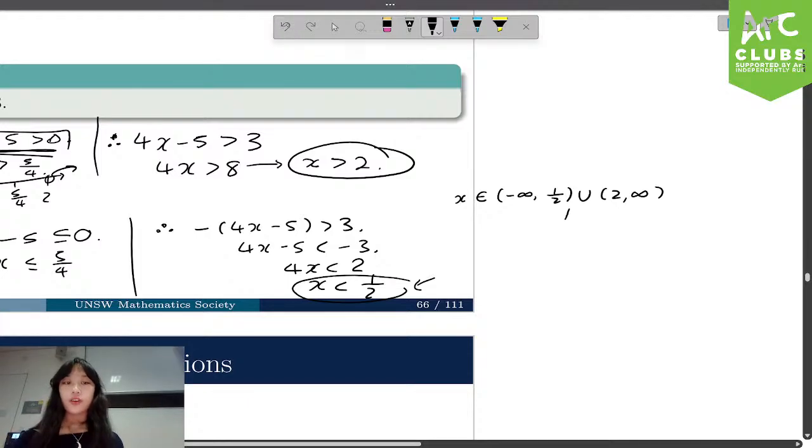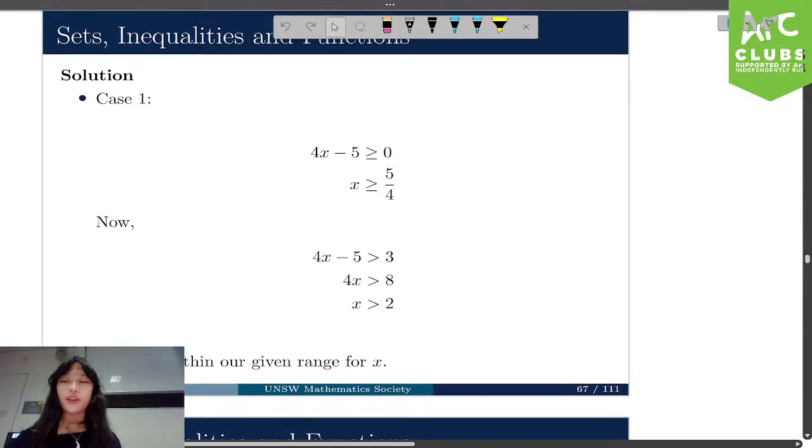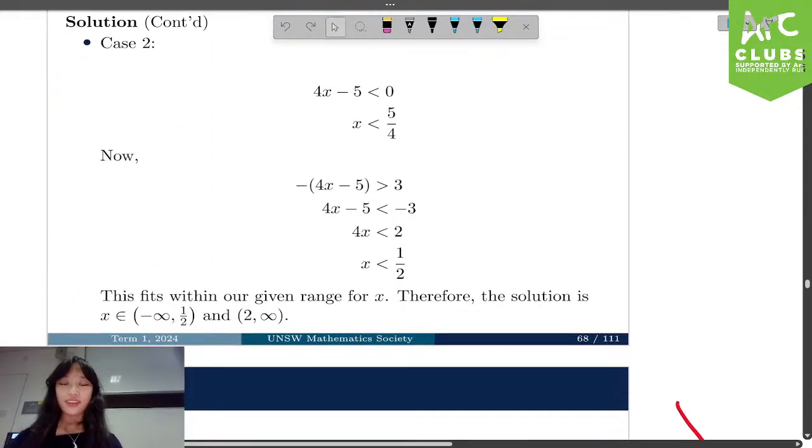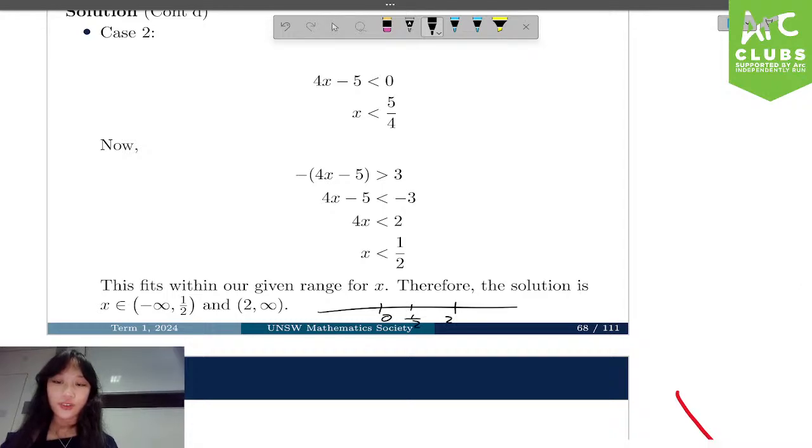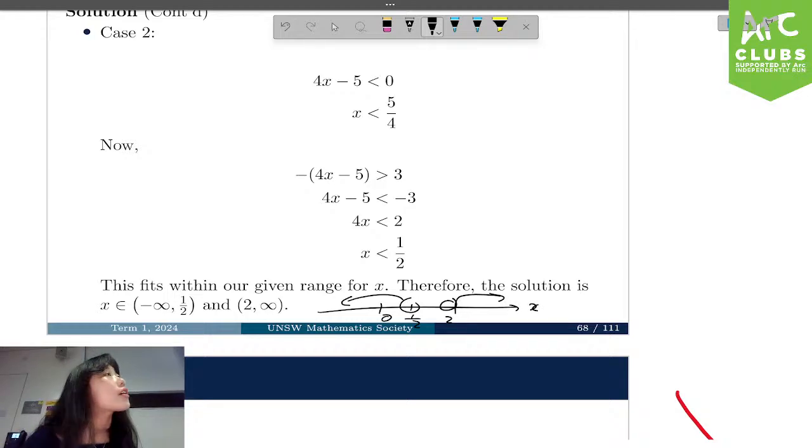Okay, so that's the first question, nice and simple. And we've got a written solution just here. If you want to graph it out, we've got 0, half, 2, and it looks like that. Okay?